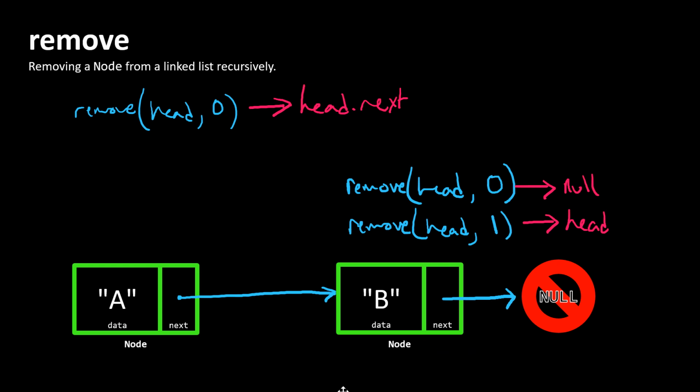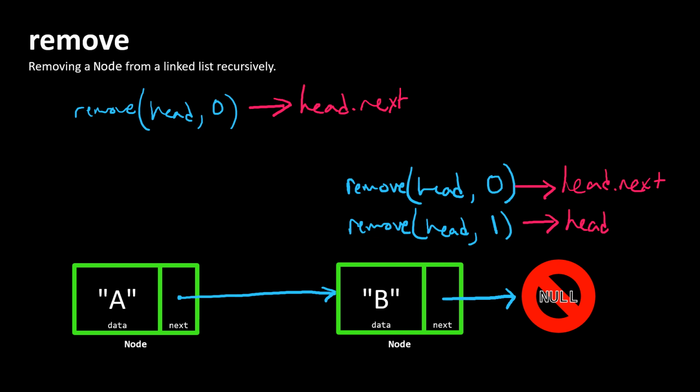So one other way we can more generally think about what happened in this case right here is it's actually returning head.next, right? And it just so happened to be that when we called this function on a list who had only one element, the next property was null, right? So head.next in this case was indeed null.